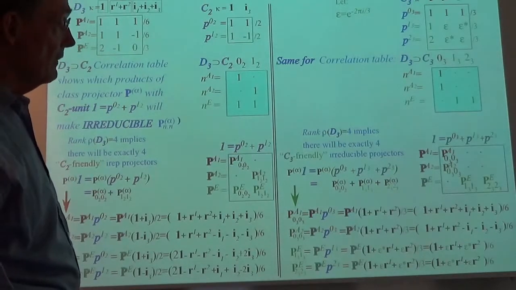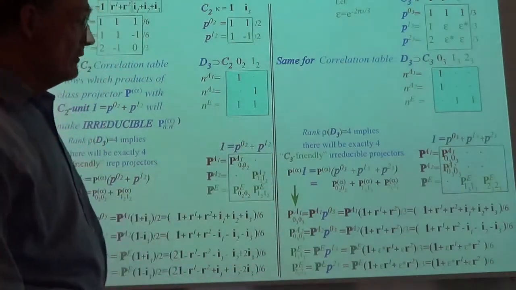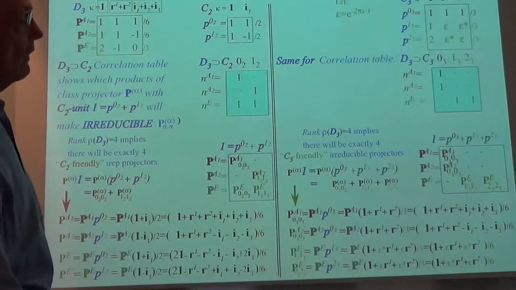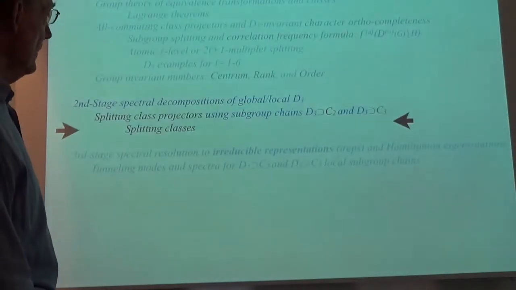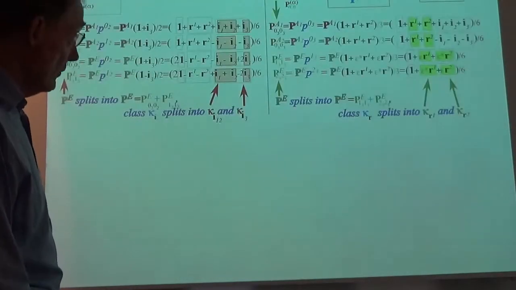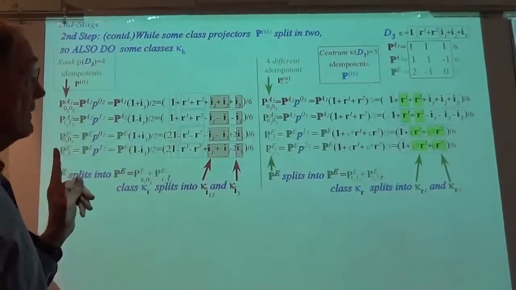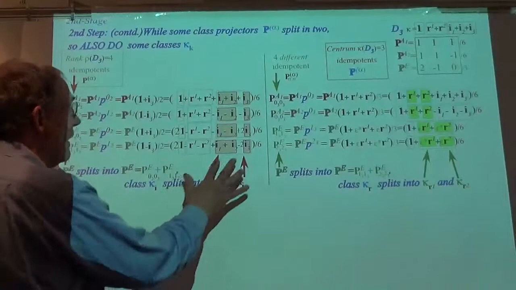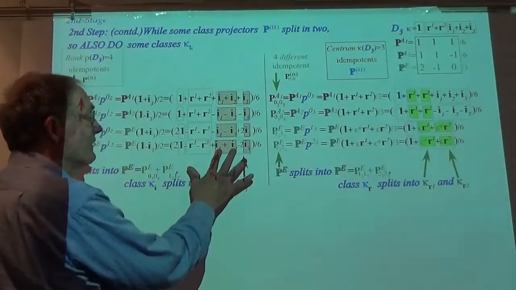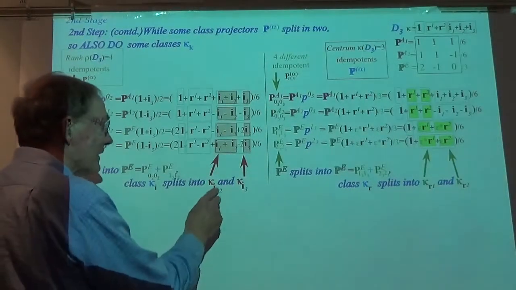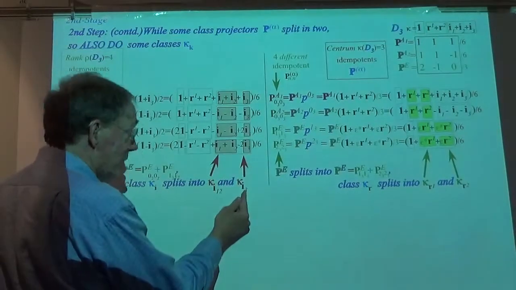So these are two archetypical choices for subgroup symmetry. And we should notice that when you write them out, the class is split. For these, I call this a subclass, and then I call this one another subclass.